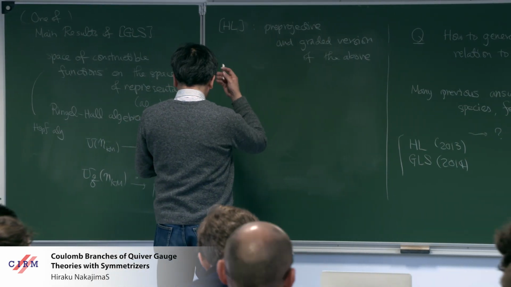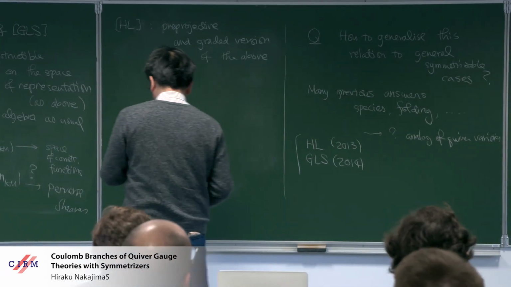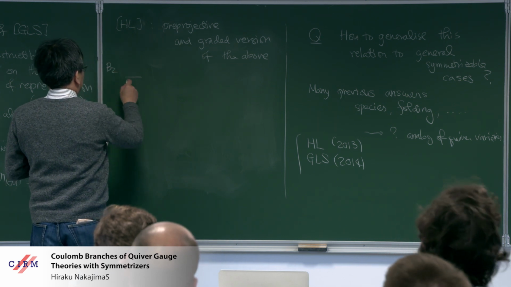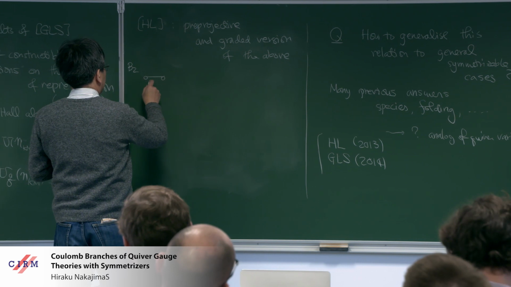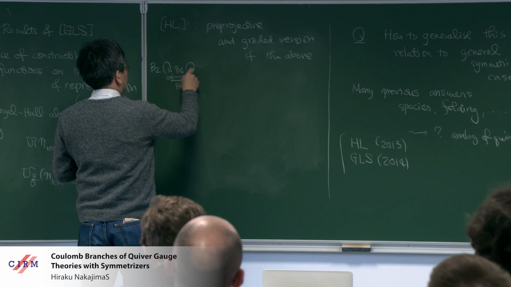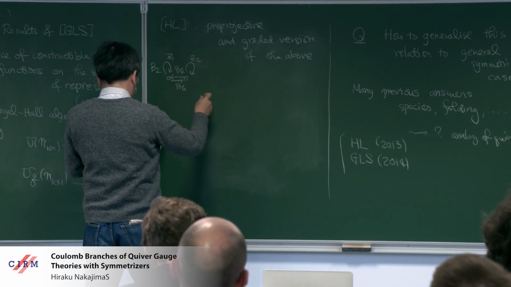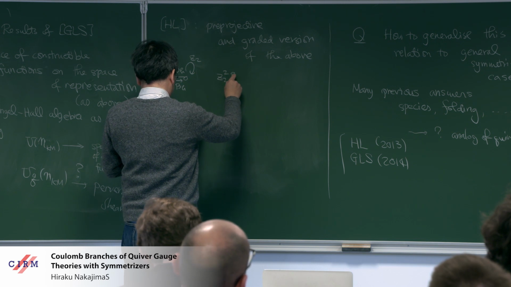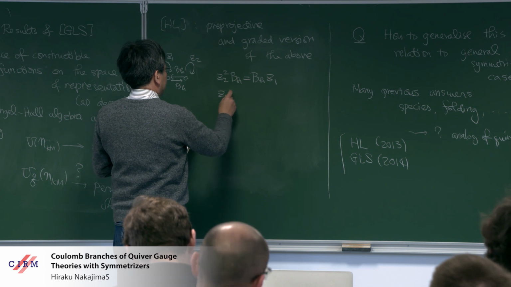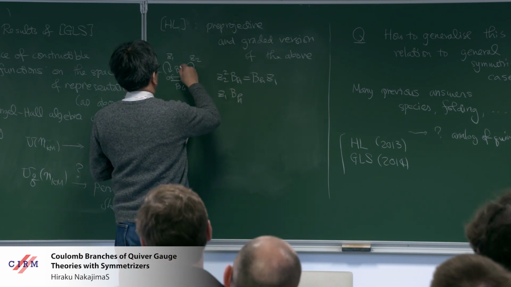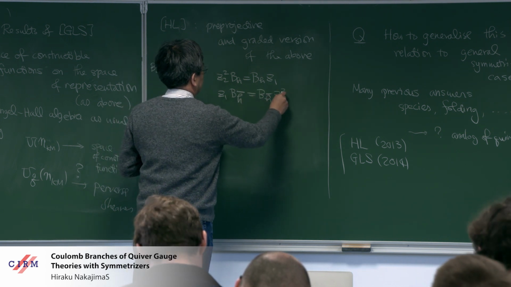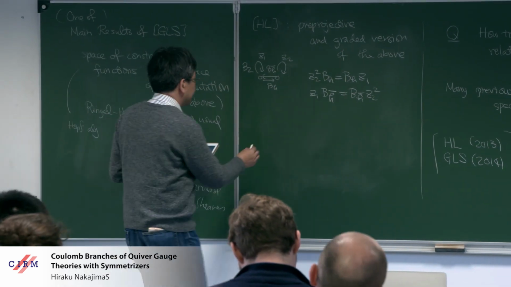So I just draw the quiver in this case. So I consider B2. So in this case, we have BH and BH bar, and we have G1 and G2, and we have G2 square. BH is equal to BH G1 and G1 BH bar equal BH bar G2 square, and they draw the following quiver.